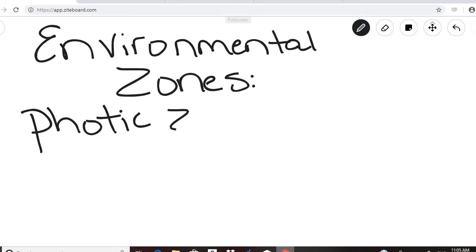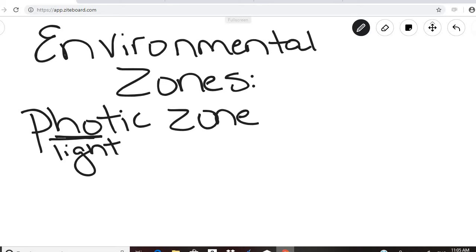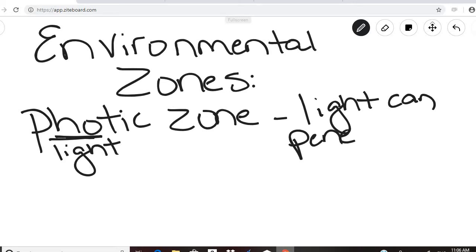The first is called the photic zone. And photic means light, like we get our word photograph from that, or photon is a packet of light. And so any area where light can penetrate would be called the photic zone. If light is penetrating, we know that photosynthesis is taking place there.